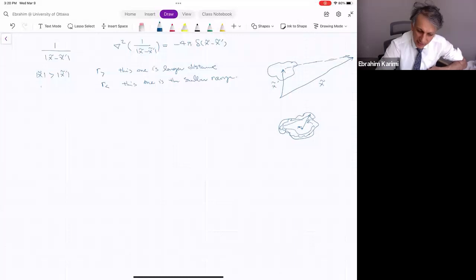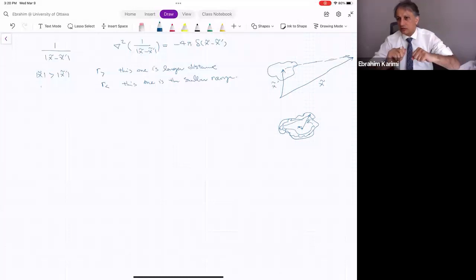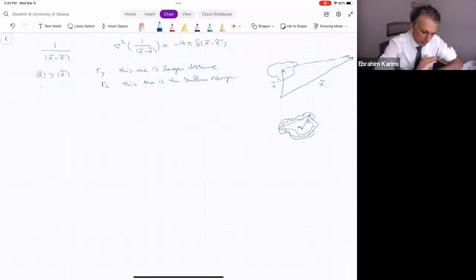In that specific case, x prime is greater than x. Okay, so the convention that we do have will be completely inverted. Is that clear? Depending on which region we are looking for. Can be far or can be way smaller than the charge distribution that we do have in the space.